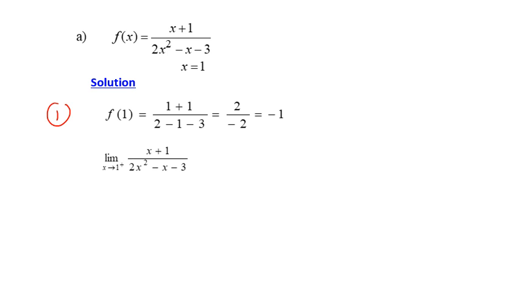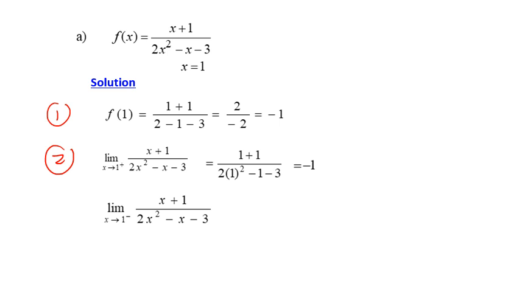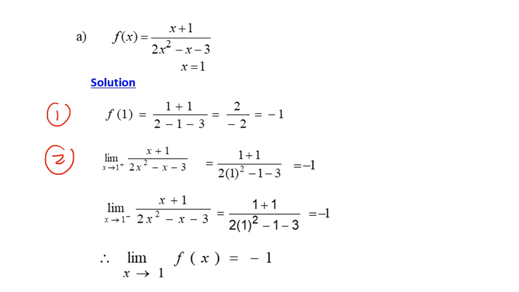And then next we move to the second condition. So we check the one-sided limits. The limit from the right hand side, we get -1. Same also for the left hand limit, also -1. So we can conclude that the limit is -1, right?